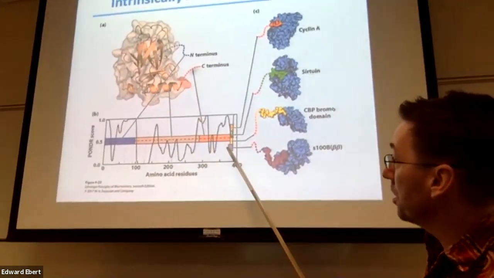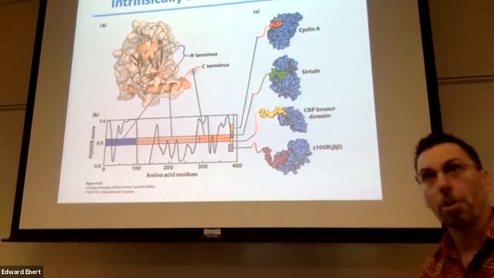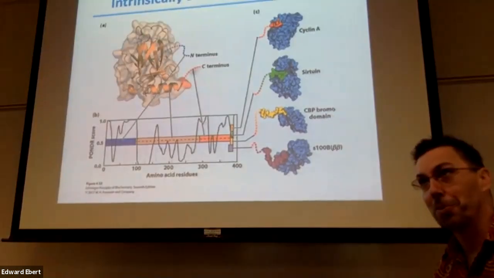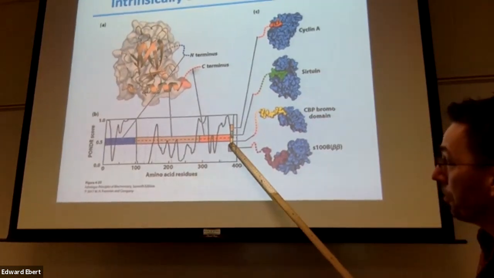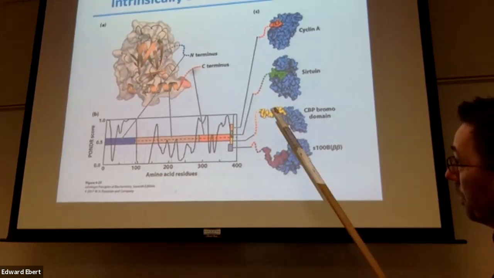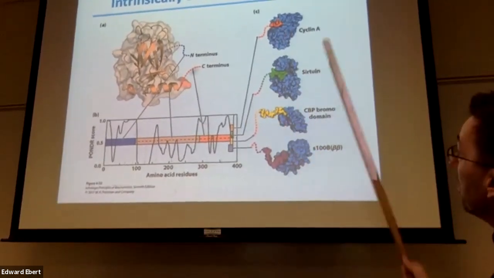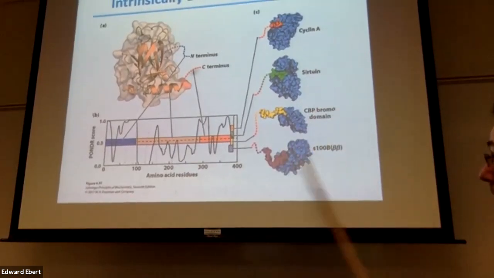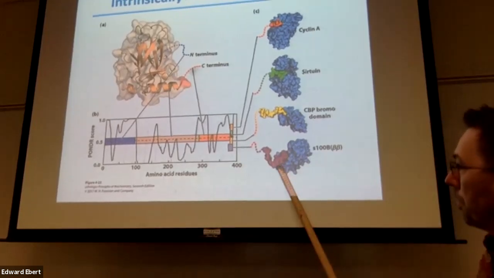And one of the neat things about the p53 molecule is, depending on which major molecule it's a component of, you can see very different structures in there. You can look at the carboxy terminus with a bunch of different components on here. Maybe we're talking about cyclin A or sirtuin or CBP bromodomain or the S100 housekeeping protein in there.